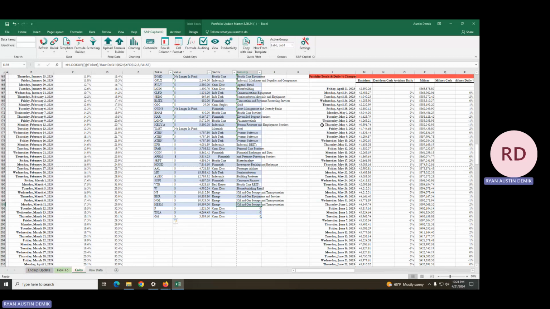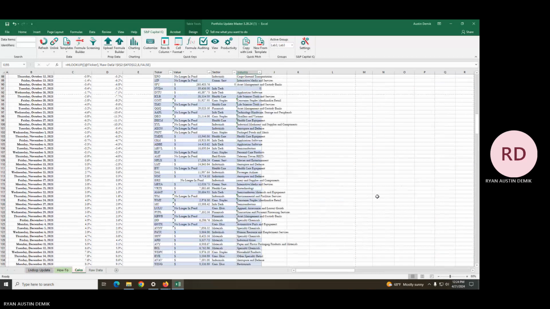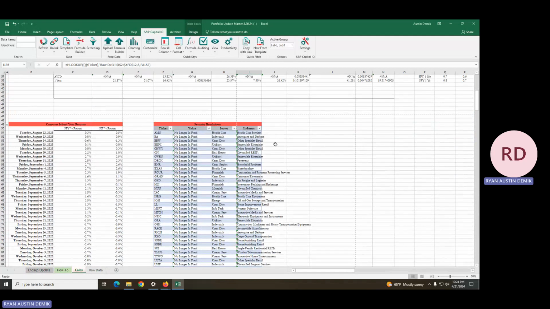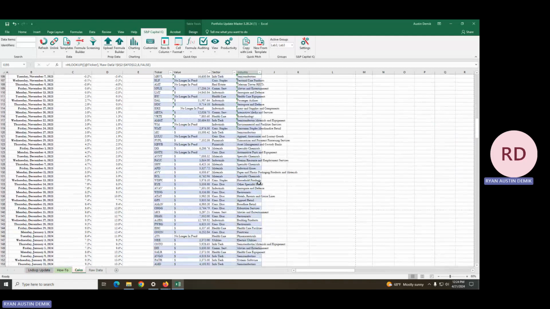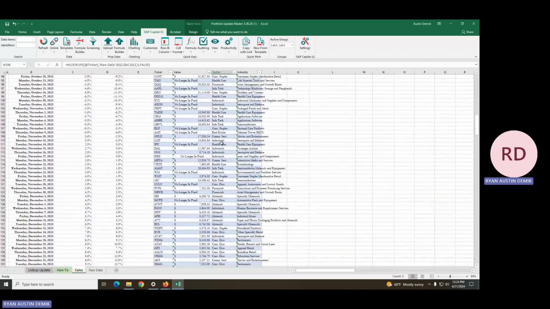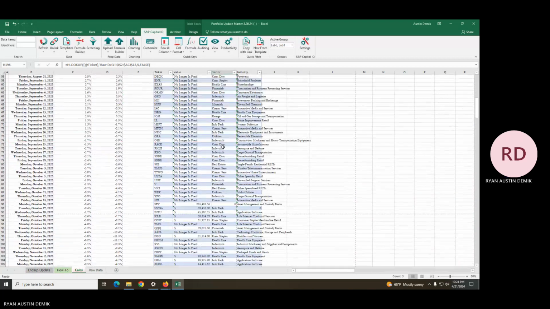It is going to be looking for everything over here, trying to find the industry and the sub industry that we're using for these. This isn't the biggest deal. However, it's always good to have at least your industry tab or your sector tab.